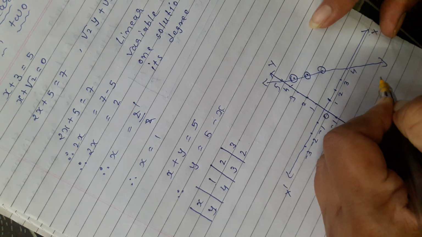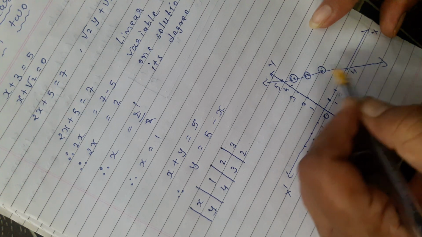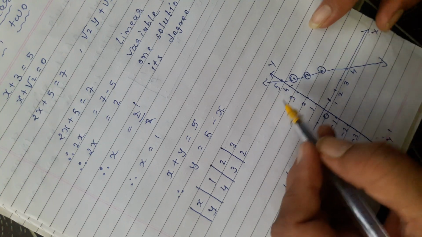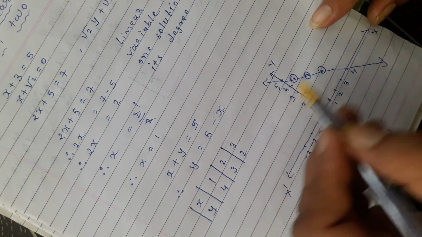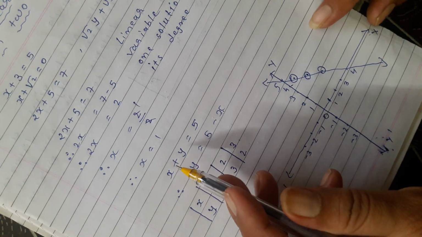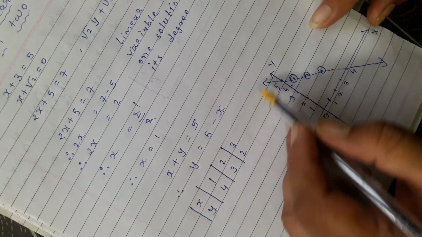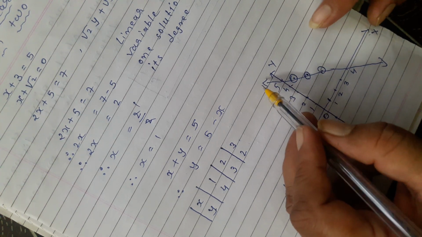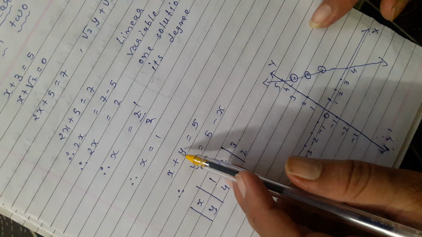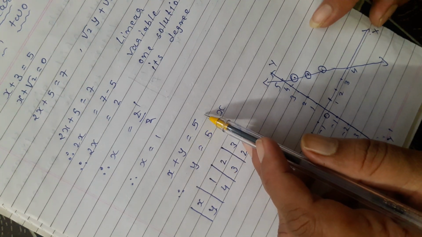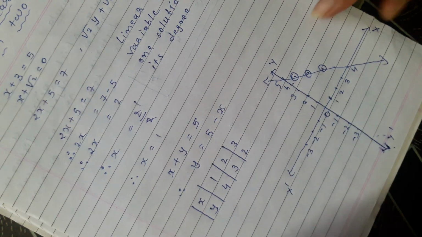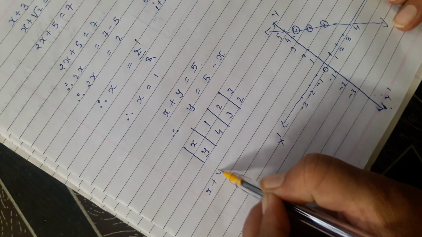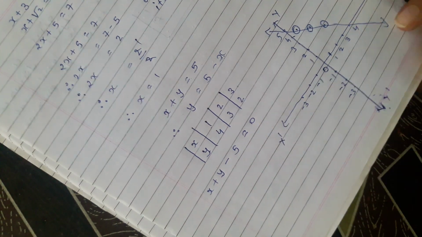So we can say that a linear equation in two variables has infinite solutions, because the graph of a linear equation in two variables is a line, and on a line there are infinite points. So we can say that the line has infinitely many solutions. Now this equation we write in this form also, x plus y minus 5 equal to 0.